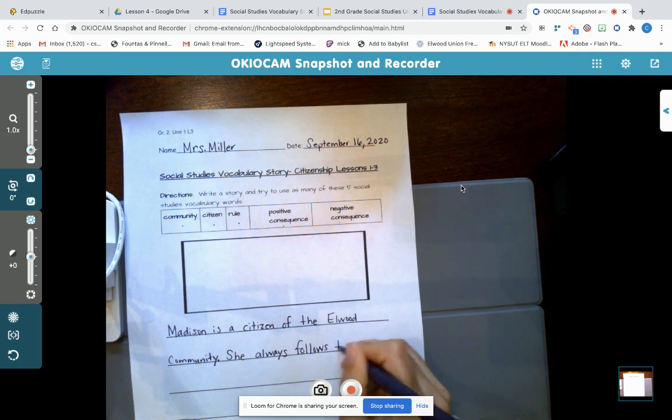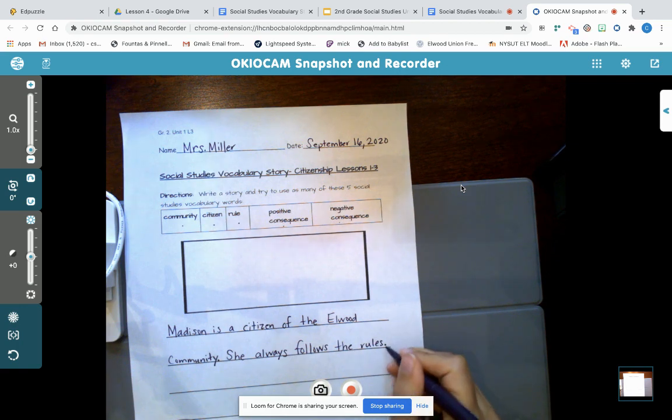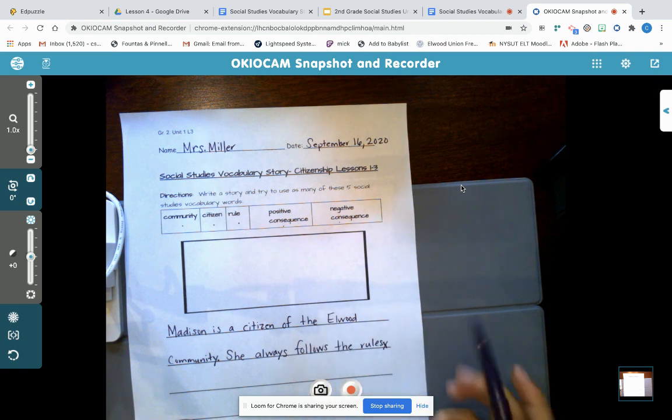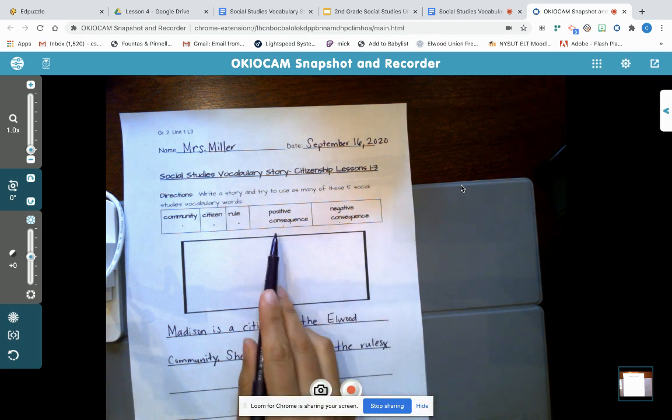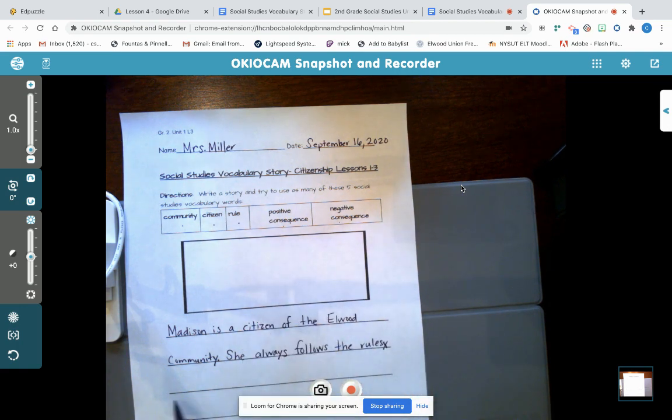Wait, and then I'm going to get rid of this period because I'm going to say, she always follows the rules and gets positive consequences.